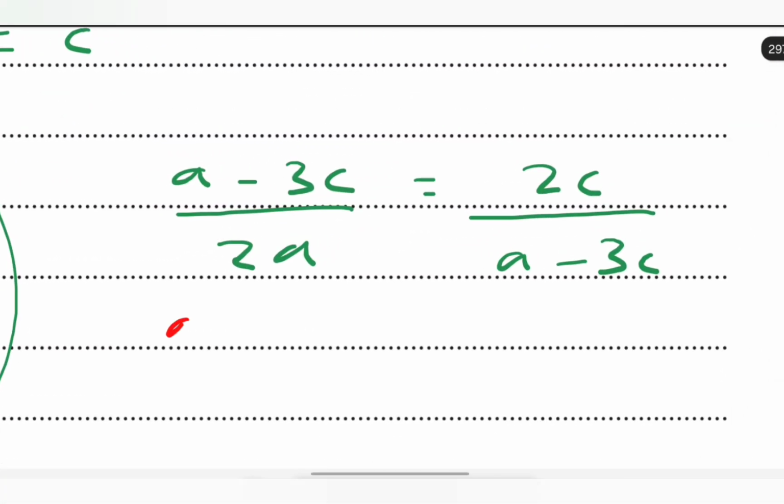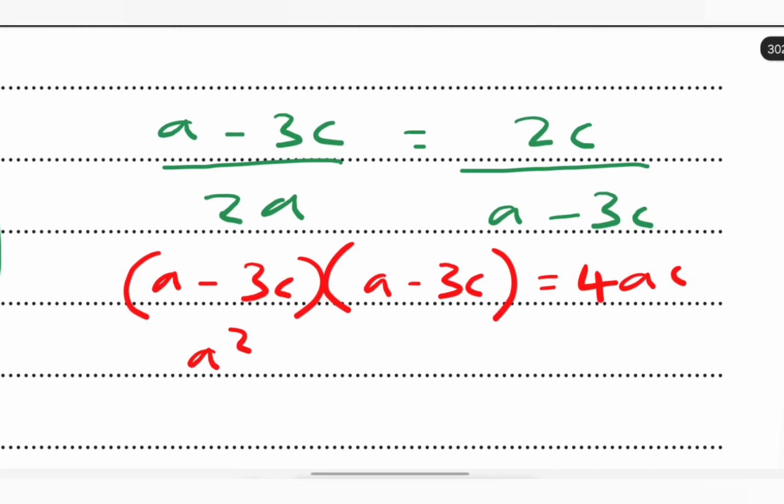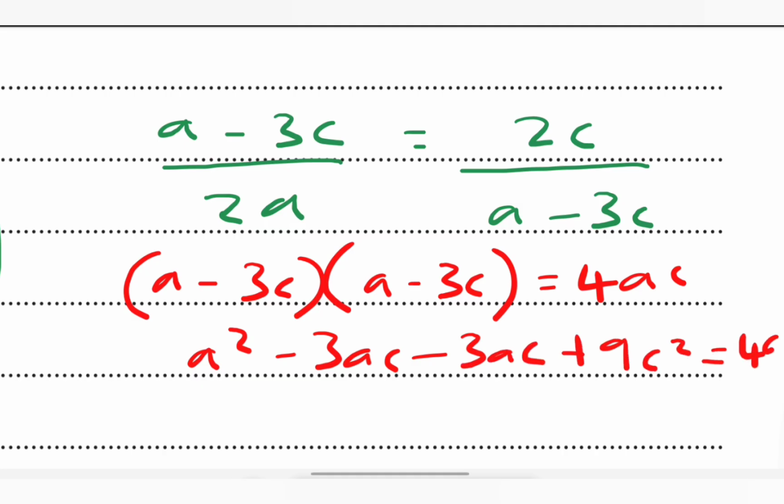That's what I did there to get this. And cross multiplying, I get a minus 3c, a minus 3c is equal to 4ac. So this gives me a squared minus 3ac minus 3ac plus 9c squared is equal to 4ac.